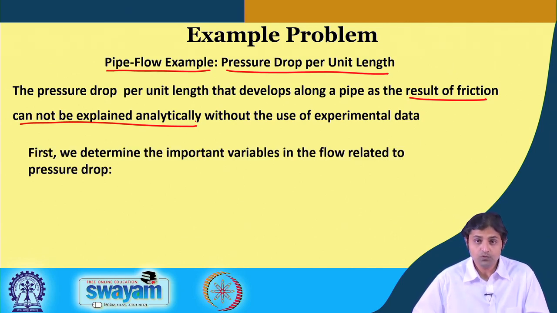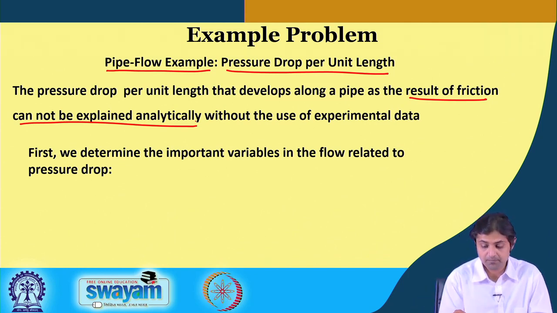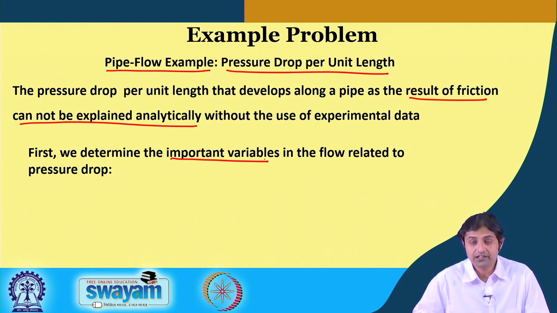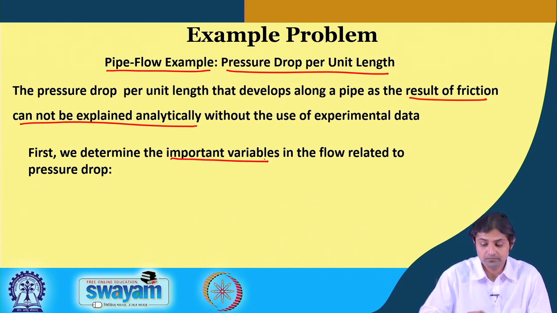So, what do we do? First, we determine the important variables of the flow related to the pressure drop. So, we must know what the flow parameters are, for example, the important variables that are related to this pressure drop.